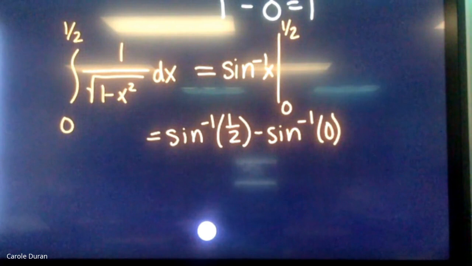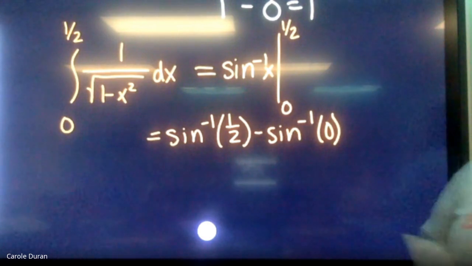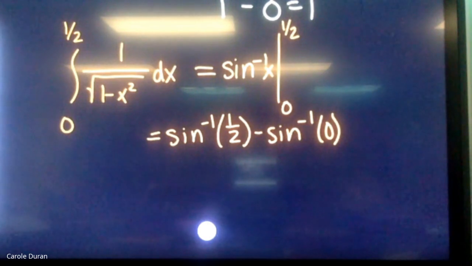And we are okay with the decimal. Oh, I got pi over 6. No, there's a sine inverse button on your calculator. That would be a reciprocal, and that would be cosecant. That's not what we want. But yes, Corbin, that is the exact answer. But if they give me the decimal, that's okay.